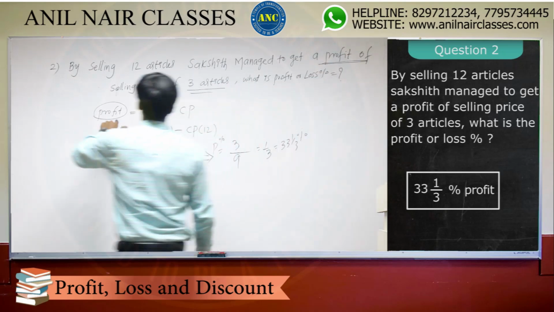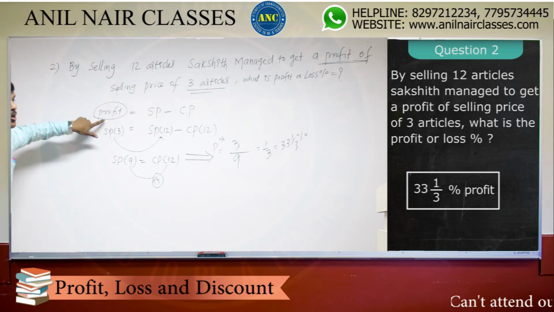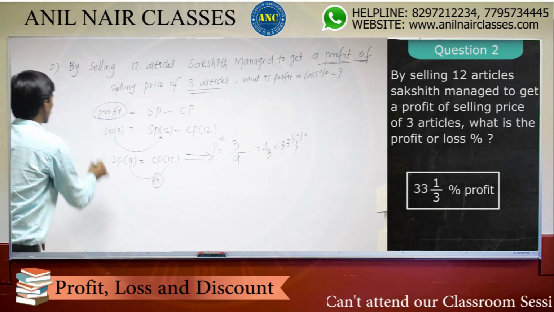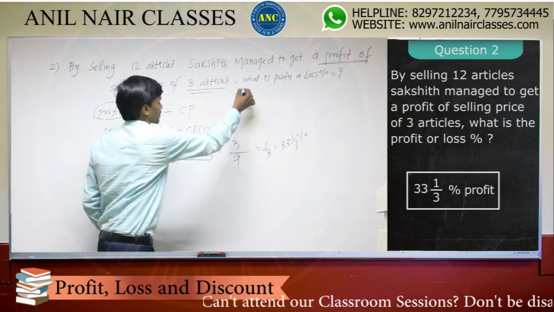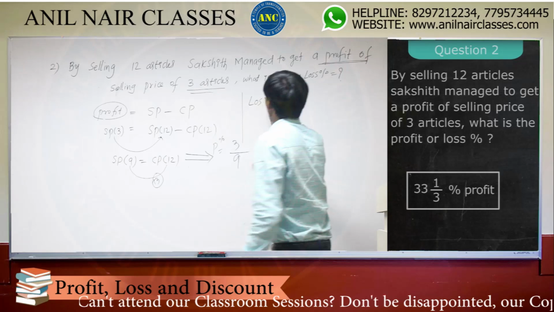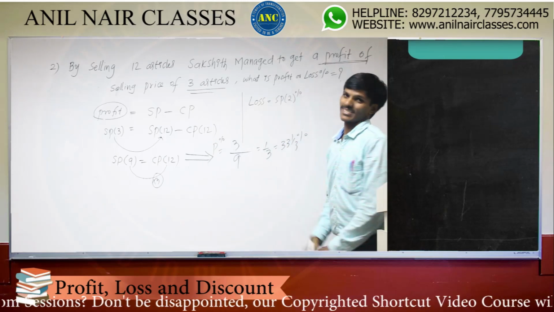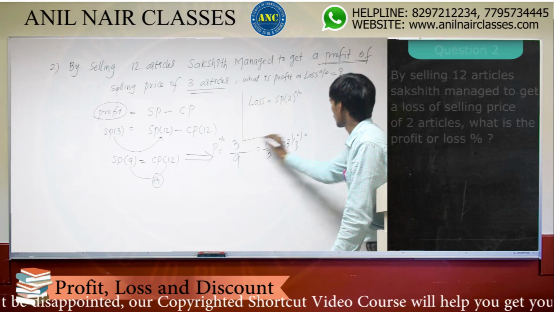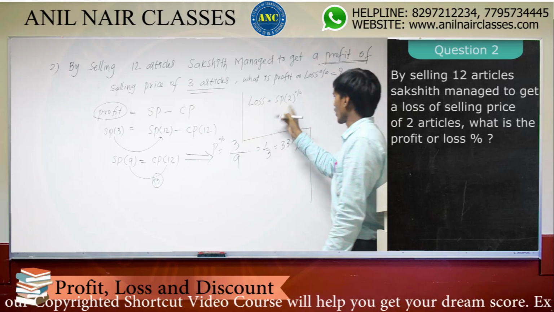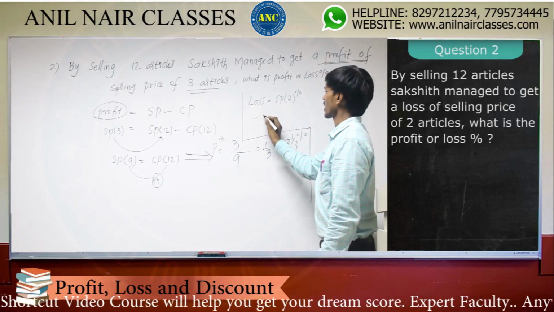question, there may be a loss also. For suppose for the same question, I am adding one more question for this. If there is a loss of selling price of 2 articles, then what will happen? Yes, I am writing it here. So loss will be represented with a negative sign.